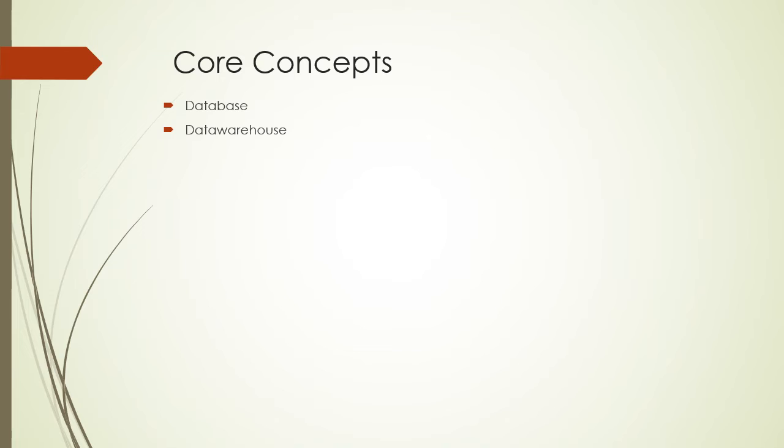What is actually a data warehouse? Suppose yourself in a real-time situation where you have a storage. So you have a very big area in which you store the products that you would supply to the customers.